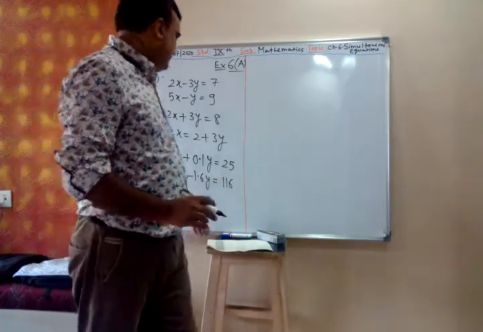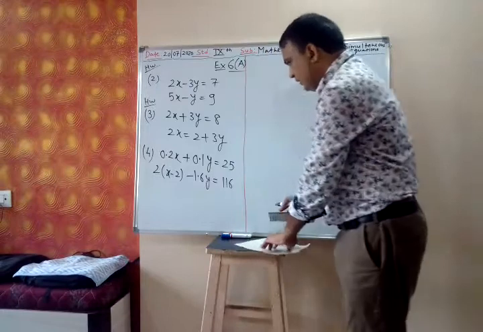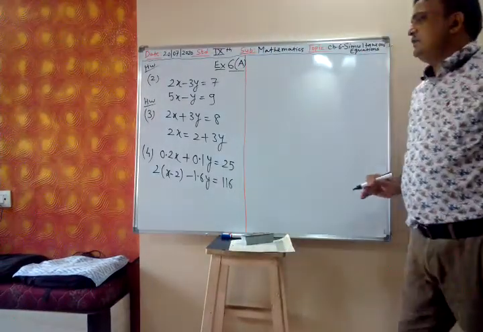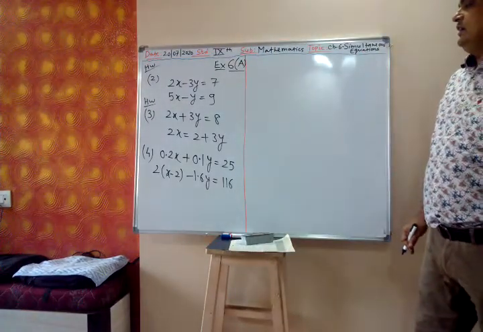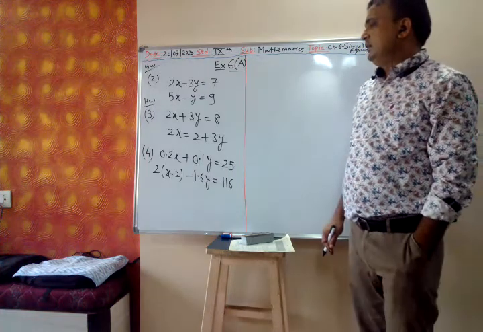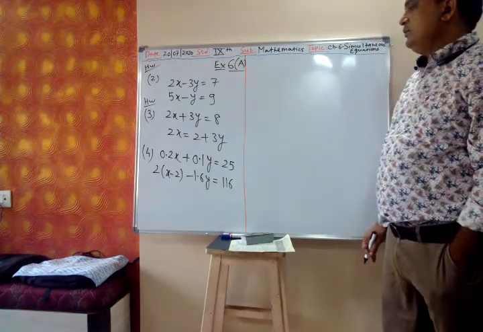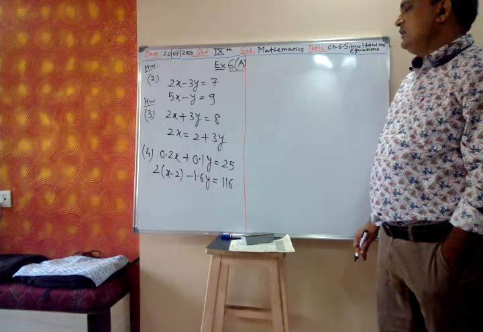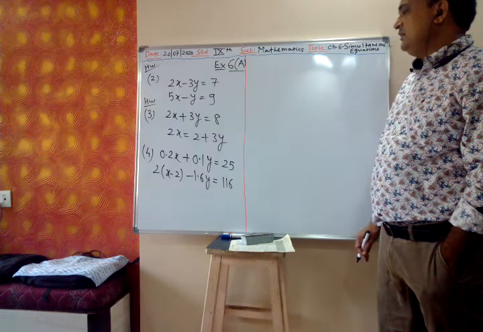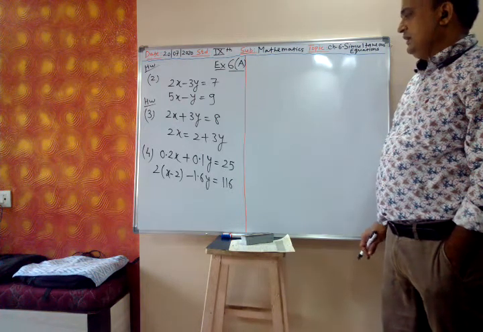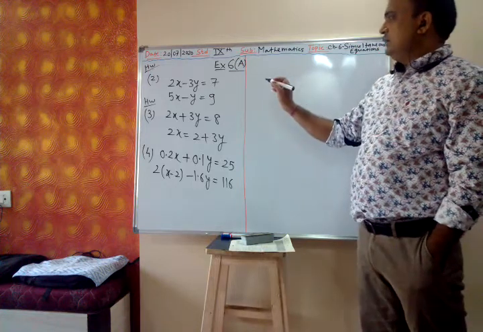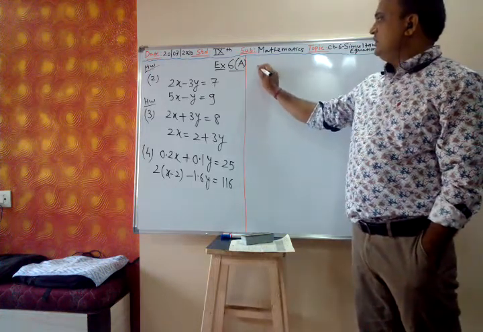This is a simultaneous linear equation, and we have to solve this. Now the fourth I will do: 0.2x plus 0.1y is equal to 25 and 2 into x minus 2 minus 1.6 into y is 116. So we'll solve this.